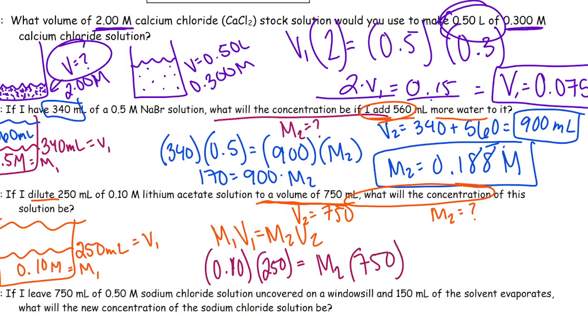We don't have to do any conversions because this is in milliliters and that's in milliliters. I know molarity is going to be my unit for concentration on both sides. So I would do 0.1 times 250. So 250 times 0.1 is 25. And then I'm going to divide that number by 750.